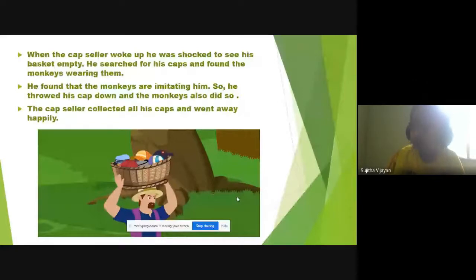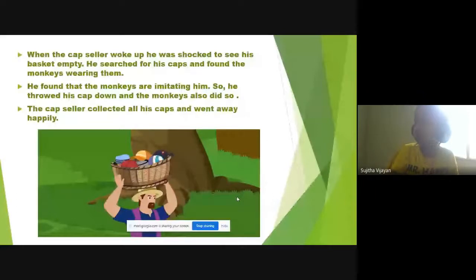So he brought his cat down, and the monkey also. So the cat seller collected all the cats and went away happily.